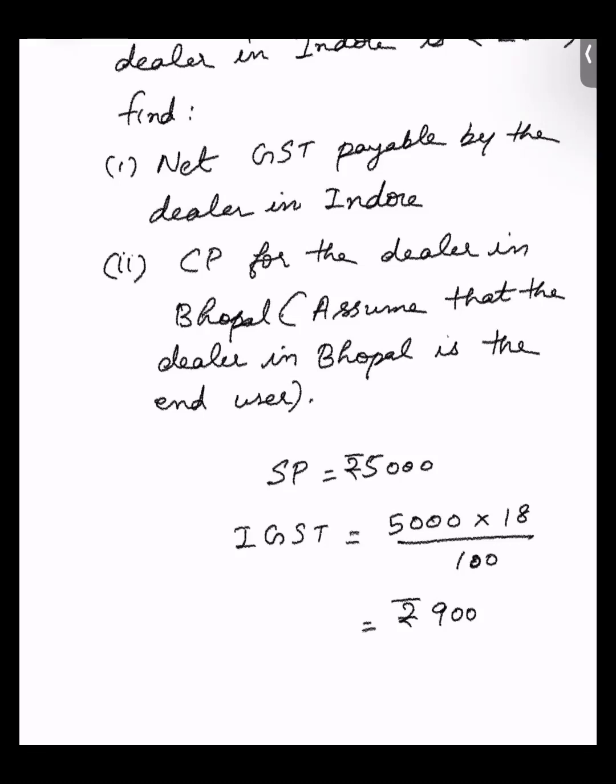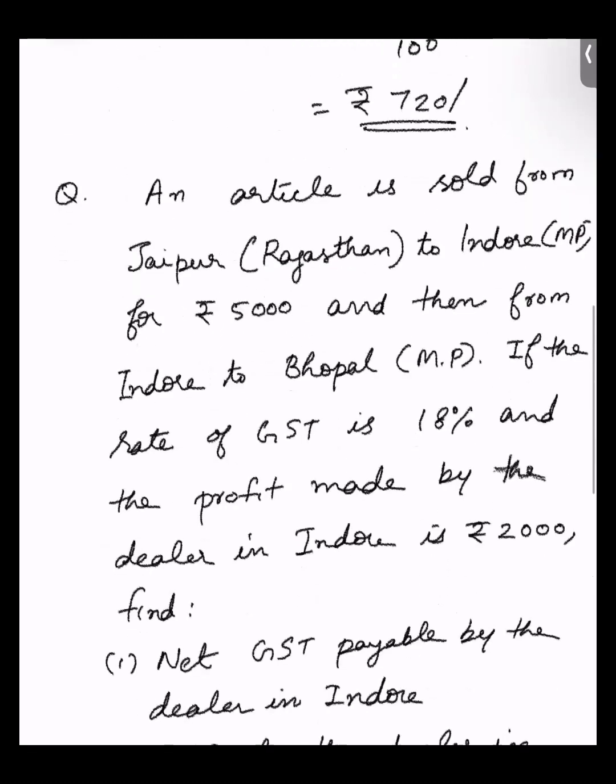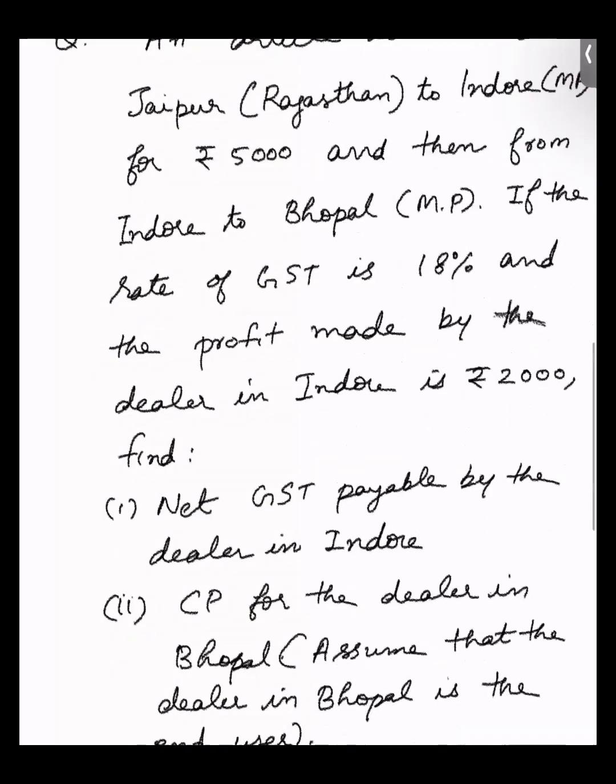Now in the next step, what happens? Rajasthan to Indore is the first sale. Then from Indore to Bhopal. Indore and Bhopal are in Madhya Pradesh, so Indore to Bhopal is going to be an intrastate transaction.